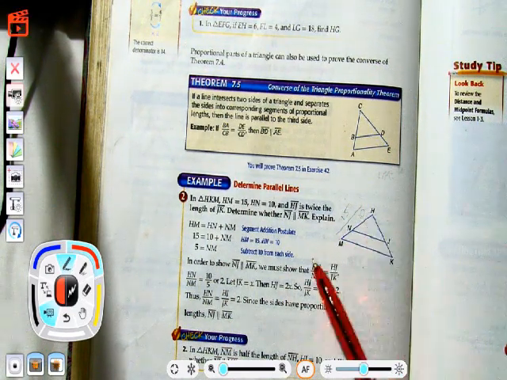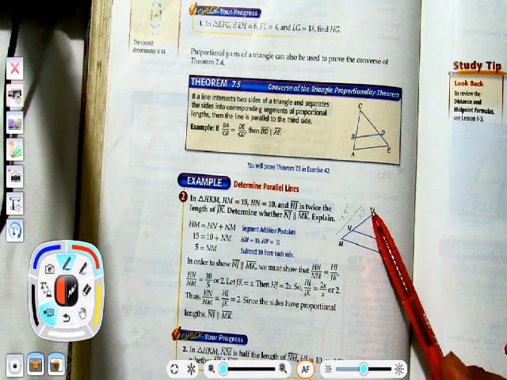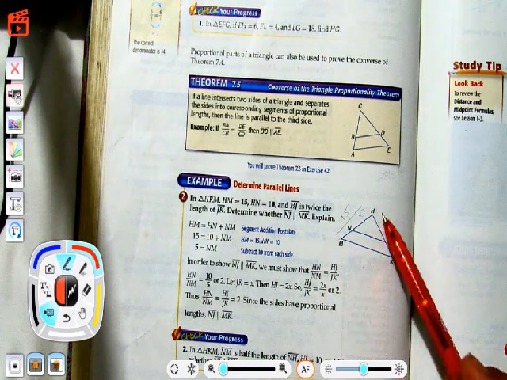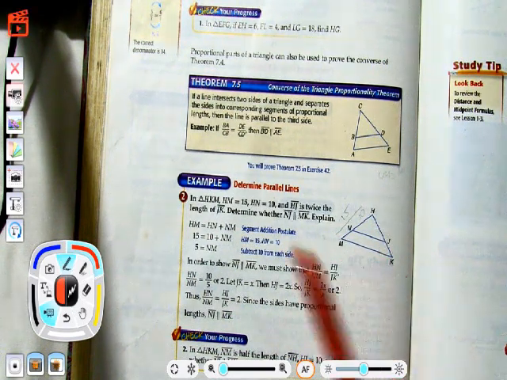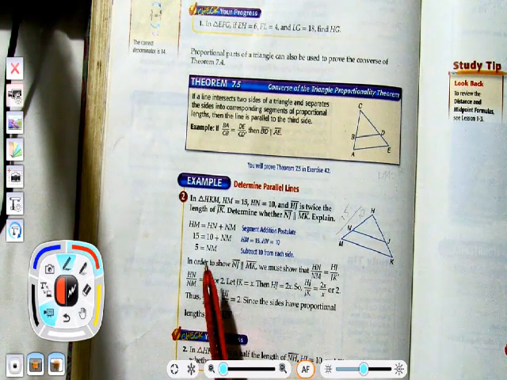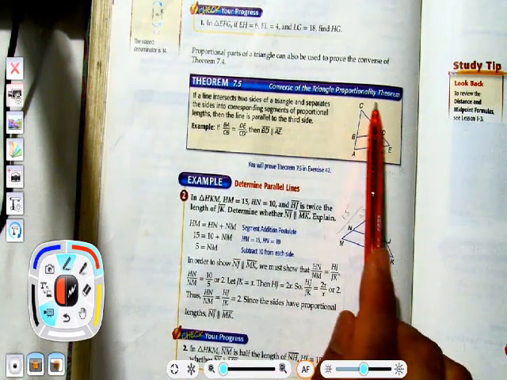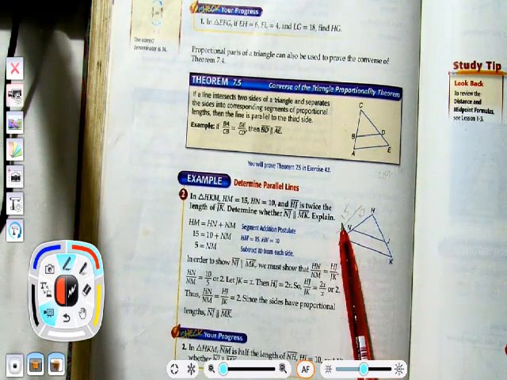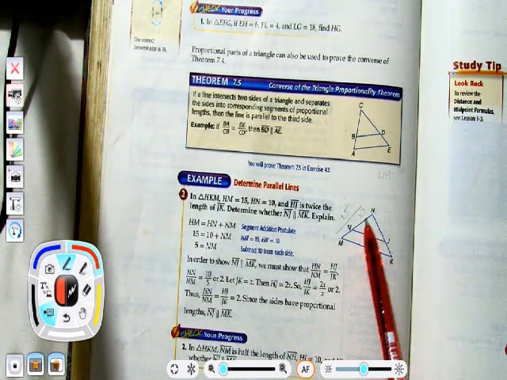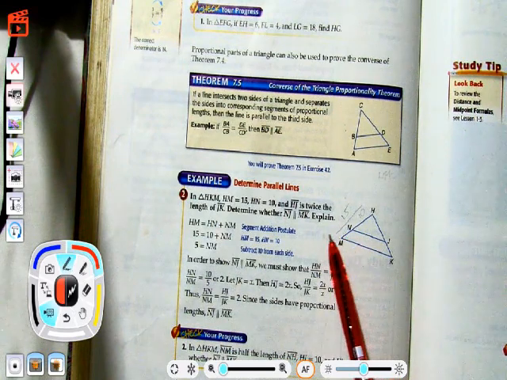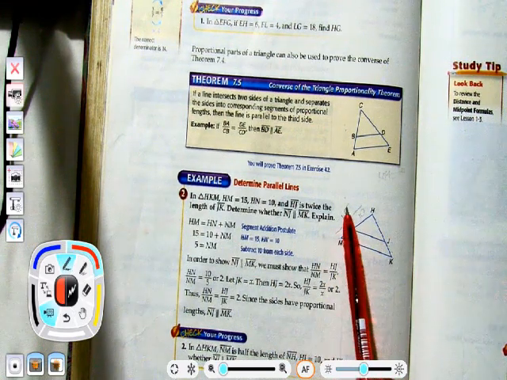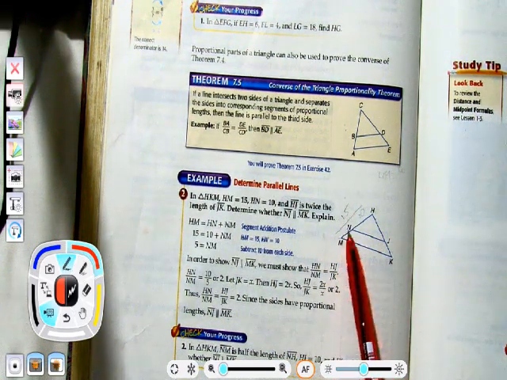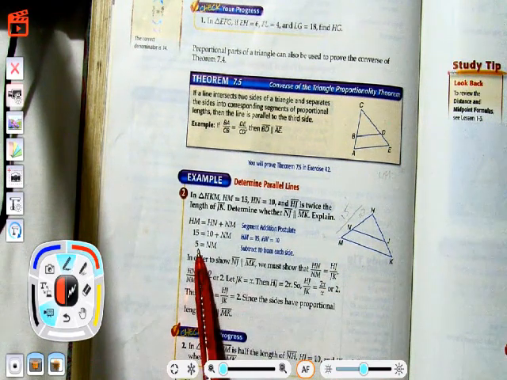We cannot put in the whole thing from H to M or from H to K in our equation with respect to the triangle proportionality theorem. So first, we break down the 15. If HN is 10, then we're not given NM, but we can use 15 and 10 to come up with NM. So NM is 5.